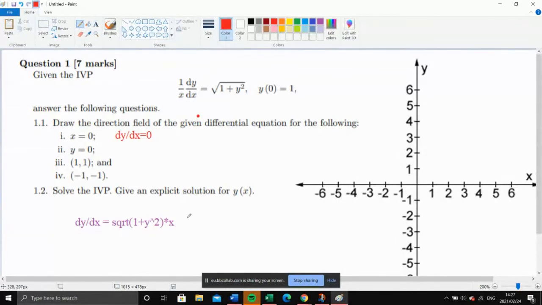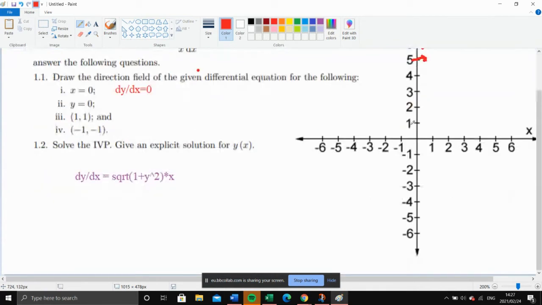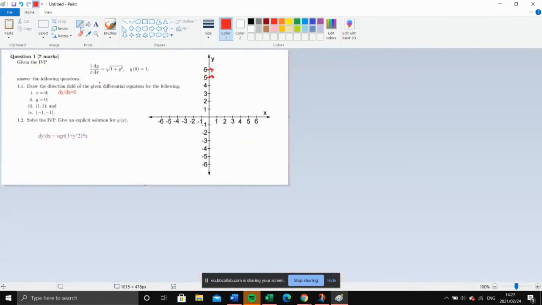What that looks like is that all the way along the y-axis, my derivative is 0. So what that looks like is, all the way along, I would have horizontal arrows.